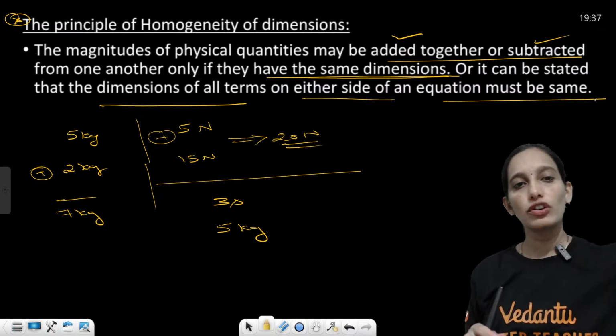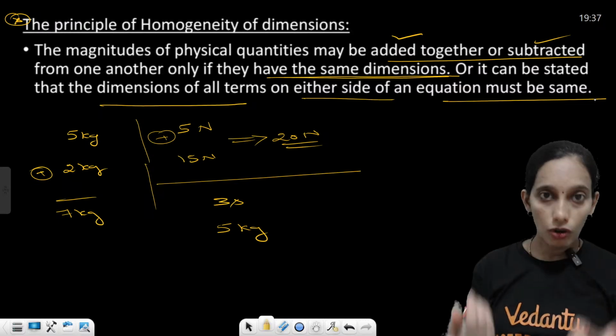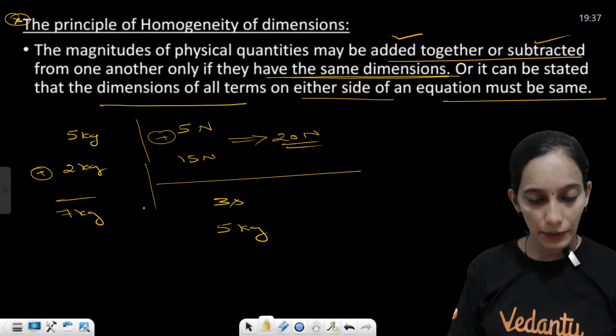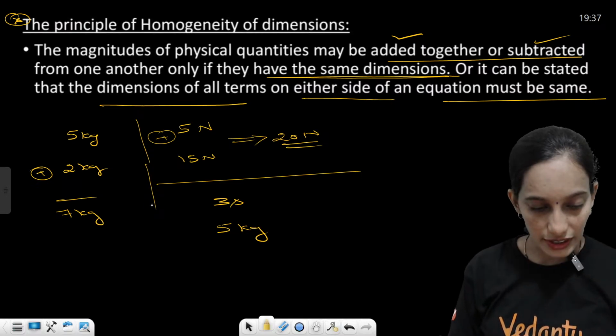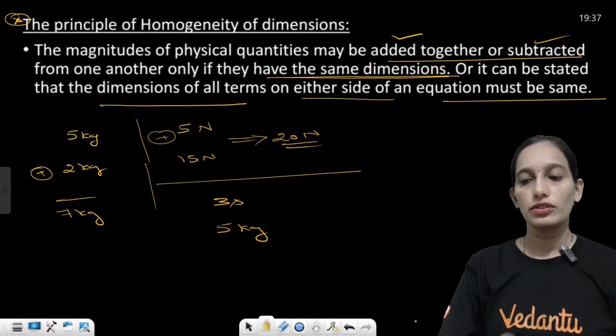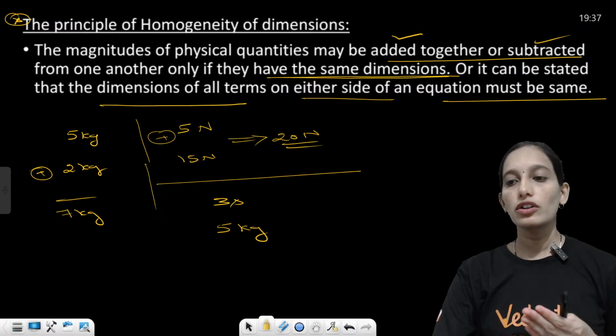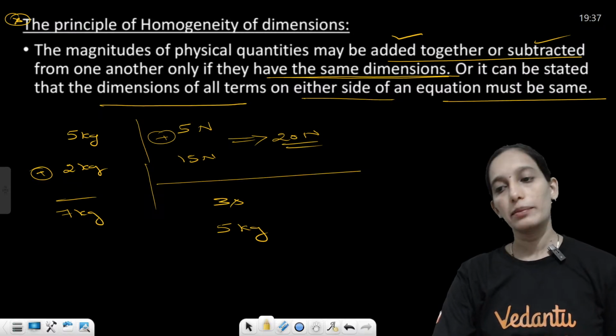Dimension on the left hand side must be the same as the dimension on the right hand side also. So this is called the principle of homogeneity, or homogeneity of dimension. So this is very important for the applications of dimension.